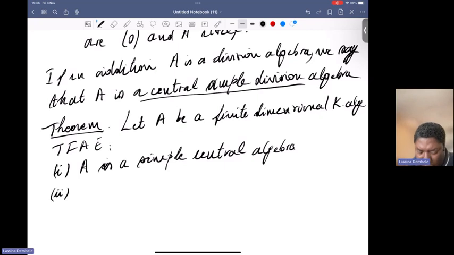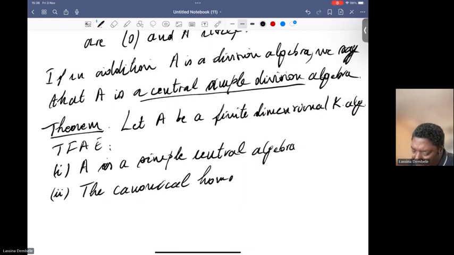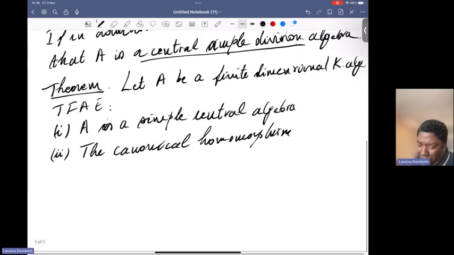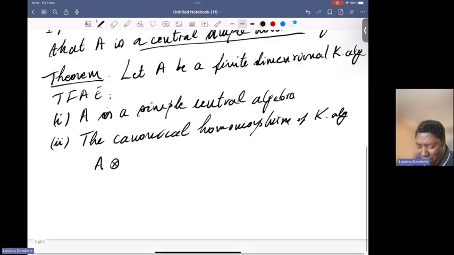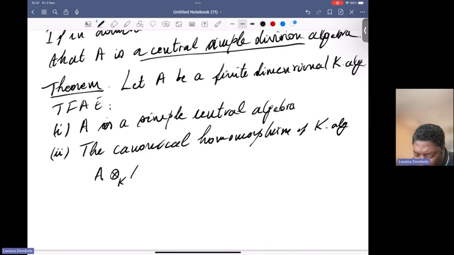And the second condition says that the following canonical homomorphism of K algebras is an isomorphism. Remember when we talked about semi-simple algebras, we defined what the opposite of an algebra was.